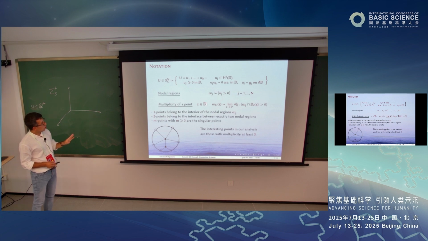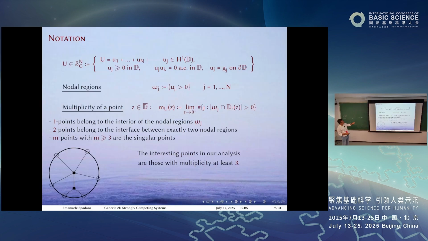Just some terminology. Where uj is bigger than 0, we call it the nodal region. And then we have a notion of multiplicity, which is the number of species competing around the point, which should be defined by a limit, of course. So inside the nodal region, the multiplicity is 1, because we have just one species.